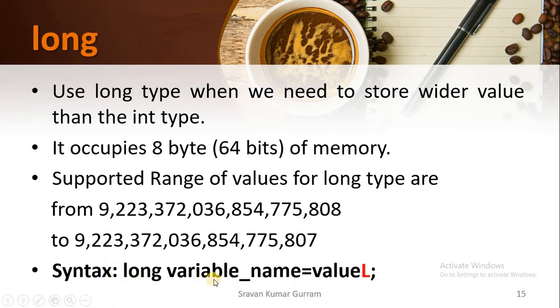Syntax to create a long variable: long is a keyword, then variable name, assignment, and the value you want to store. The important point is after the value you must write L, that may be a lowercase l or uppercase L, two are valid, but writing the L is compulsory.